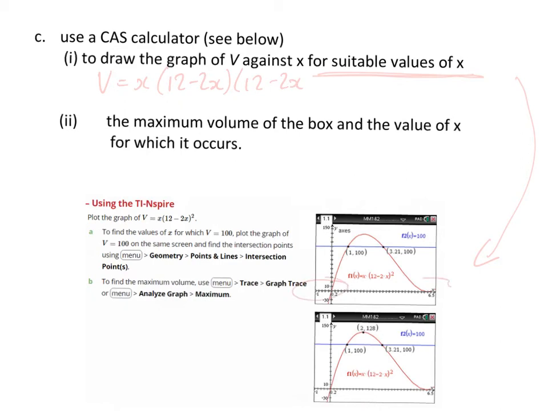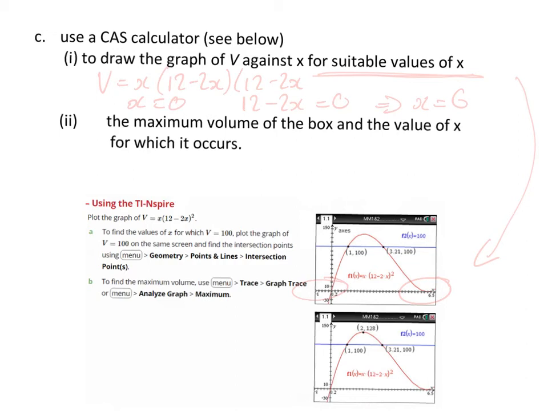Volume is 0 down here. So I'm going to let each of them equal 0. So x is equal to 0 and 12 minus 2x is equal to 0. Well, when you transpose that, you get 2x equals 12, and then x is equal to 6.